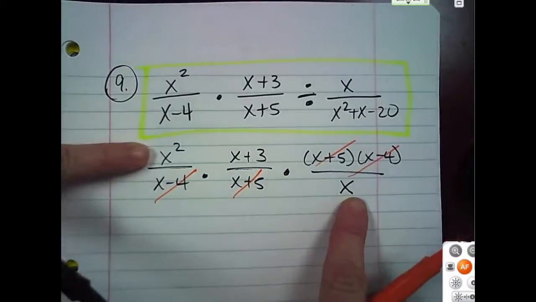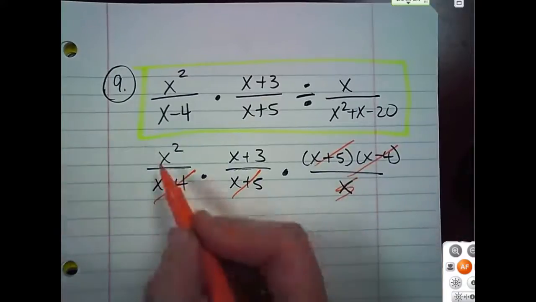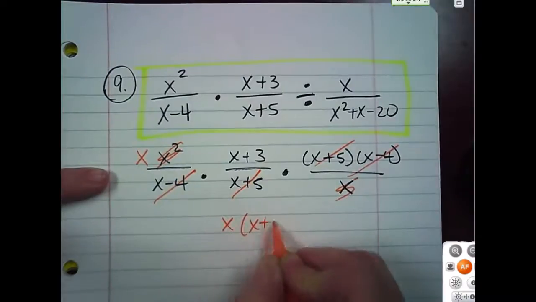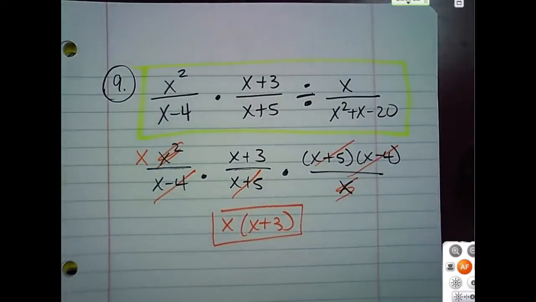If you want to cancel this right now, you can, or you can wait, whichever way you want. This x goes away and this stays x. So you have an x and an x plus 3 on top and nothing left on bottom, except a 1. So you can divide it by 1 or not. If you only have a 1 left in the denominator, it doesn't matter if you leave it or not. If you only have a 1 left in the numerator, it's mandatory.